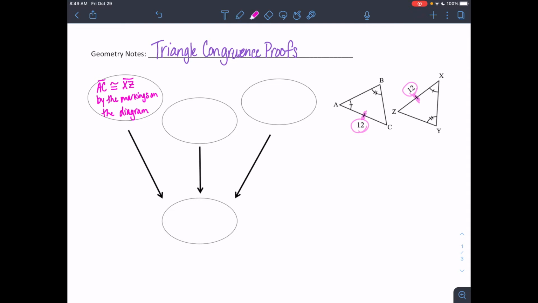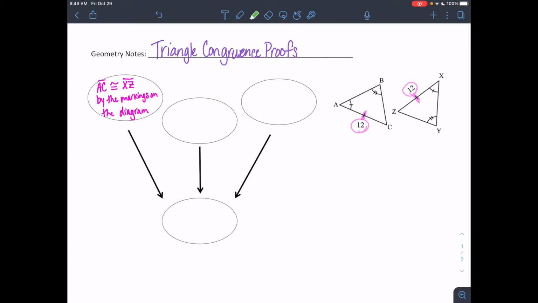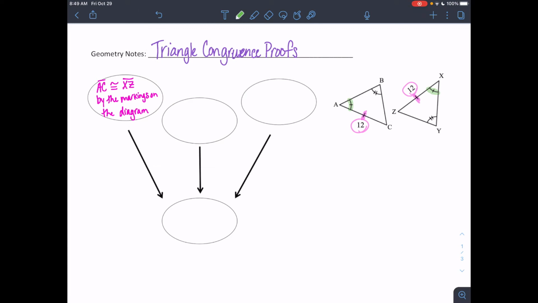Next, I'm going to look and find a second fact to be able to write about. I see a singular arc, or an arc with a singular dash on 2 of the angles, and I know that that symbol also means that those pieces are congruent, so I can say that angle A is congruent to angle X by markings.